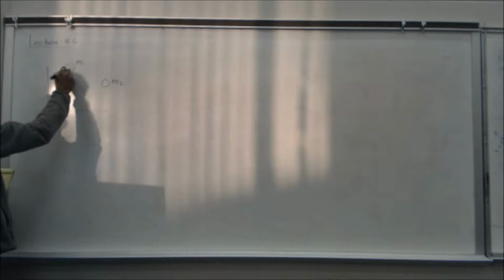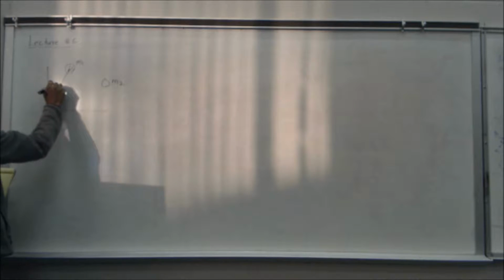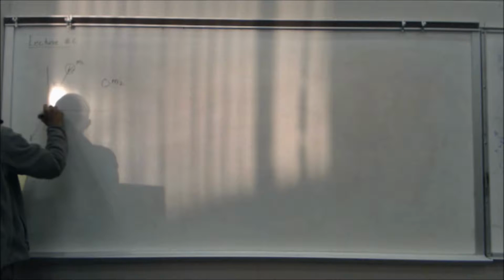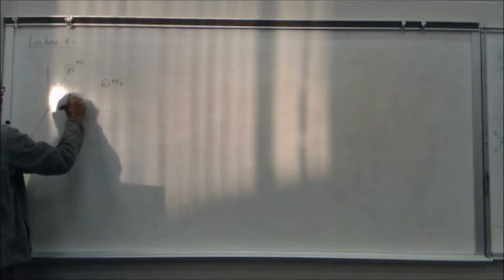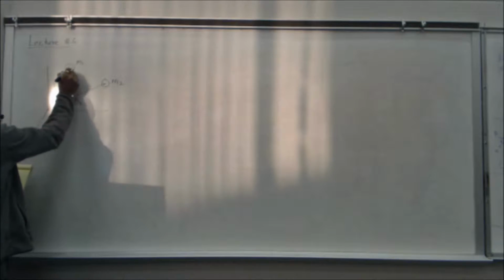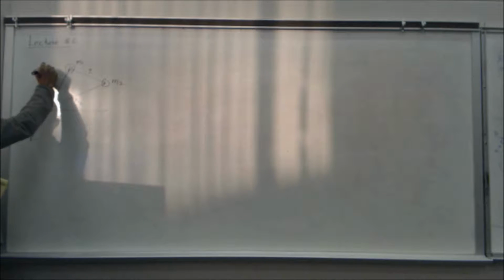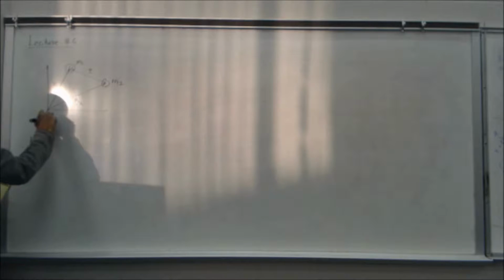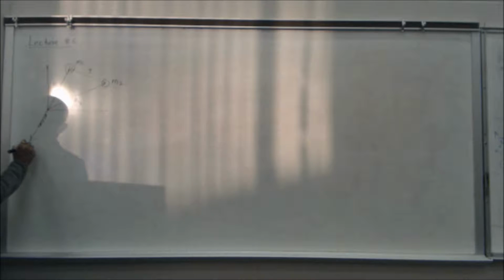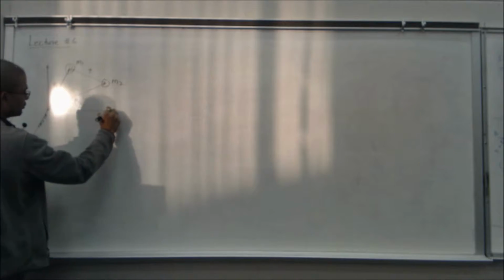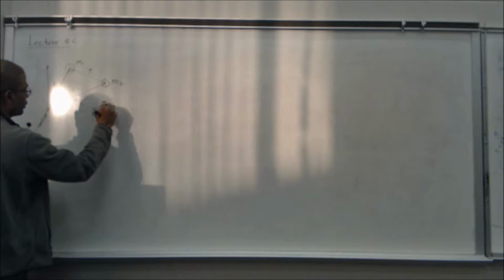This was R1, R2, and we had this as R. Okay? And this was our inertial frame, correct? Moving, non-moving frame. We had I, J, and K.